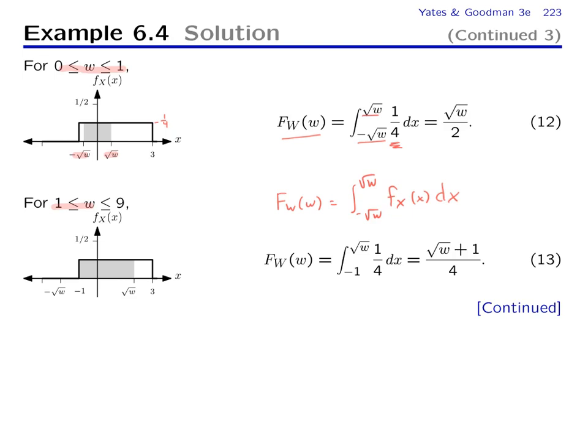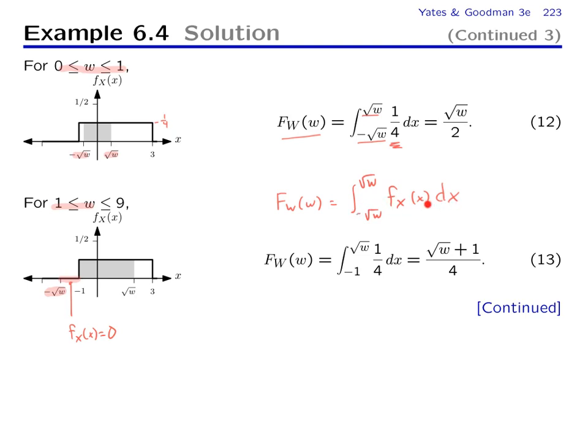But the problem here is that minus root W is less than -1. So there's a segment of this integral where the PDF, f_X(x), is equal to 0.